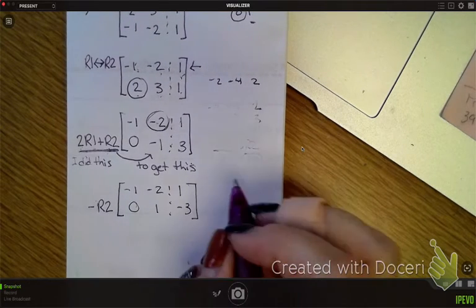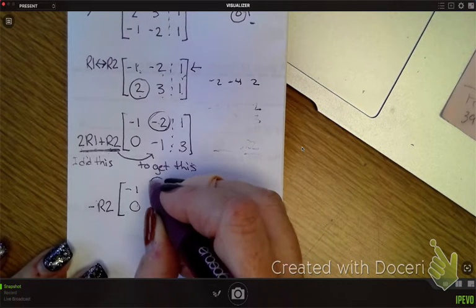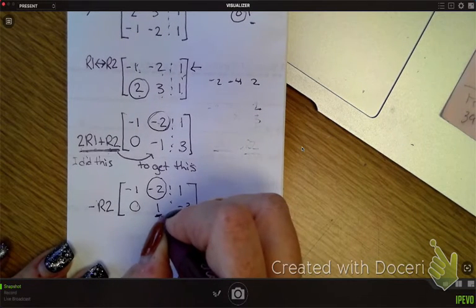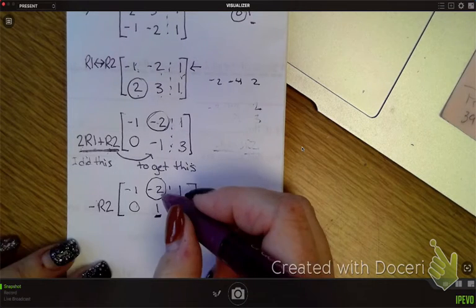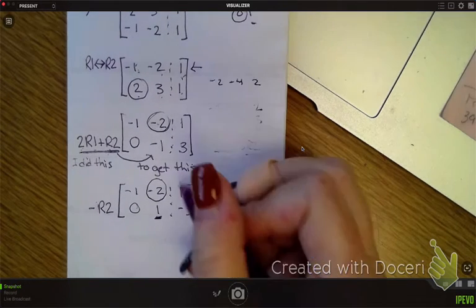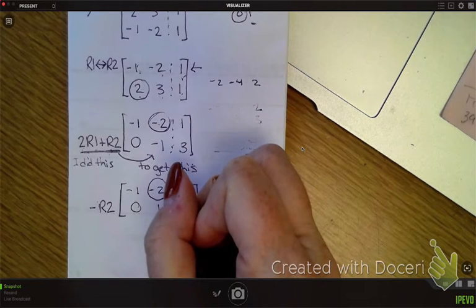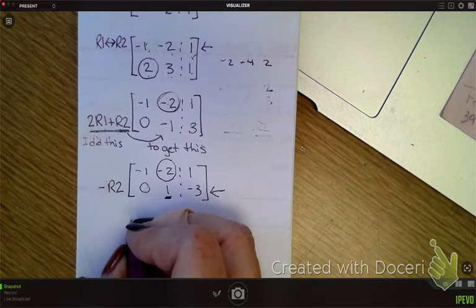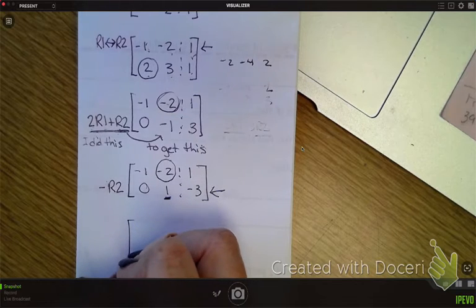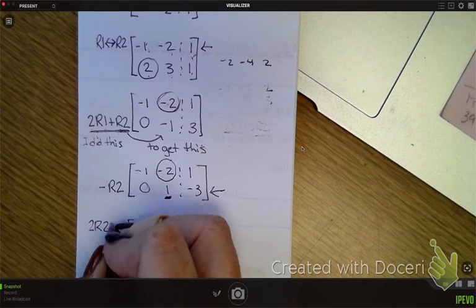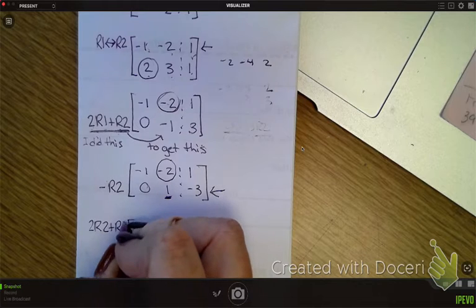Okay, now I need to work on that too. So what do I need to do to this 1? Now sometimes you do have to multiply both rows, but it's a 1, right? So what do I need to do with this 1 to get it to 0 out that -2? Times it by 2. So we're going to take 2R2 plus R1.